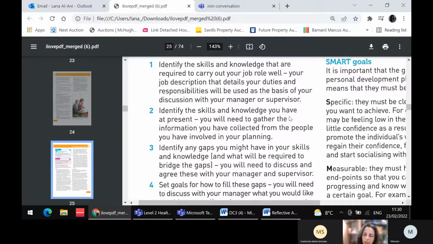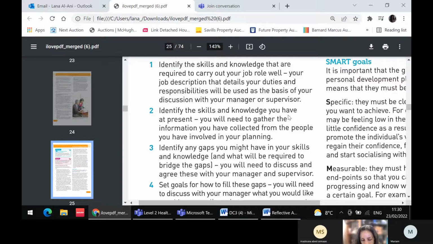Should I just go to the manager and say, hi, good morning, I need training? That's not enough. I need to tell him exactly what type of training I need. So first of all, I need to identify the skills and knowledge that are required to carry out my own work, which is following the job description.